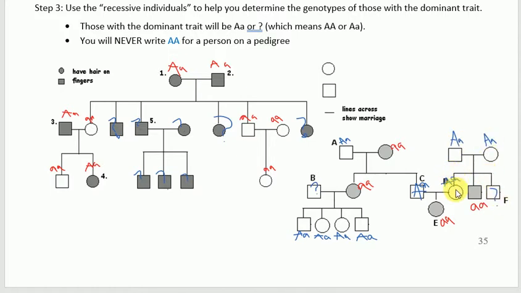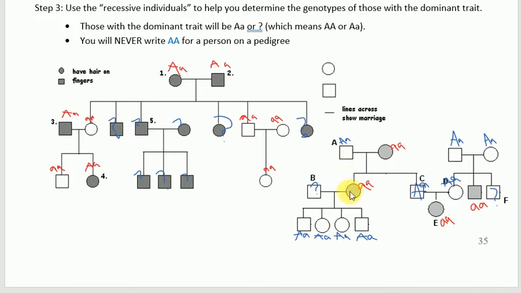The sister, on the other hand, got married and had a child. We know that that child has the recessive trait, so that means that both parents have to be big A, little a. Over here, again, we see a parent with a little a, and we see a child that has a little a. So we know that this father has to be big A, little a.